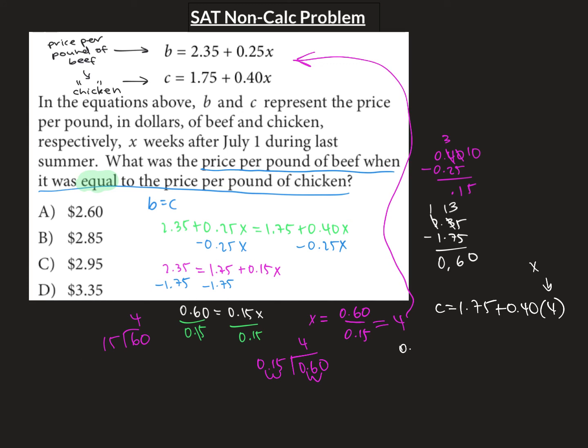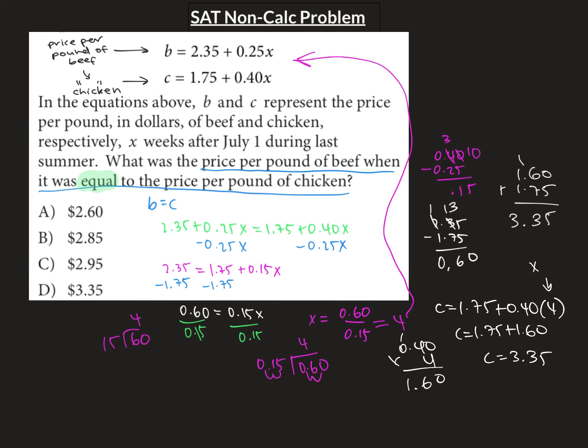So now 0.40 times 4 is 1.60, so it is equal to 1.75 plus 1.60. And now 1.60 plus 1.75 is 3.35. C is equal to 3.35. And our units is dollars.